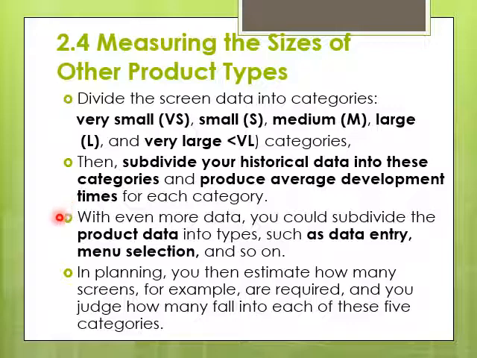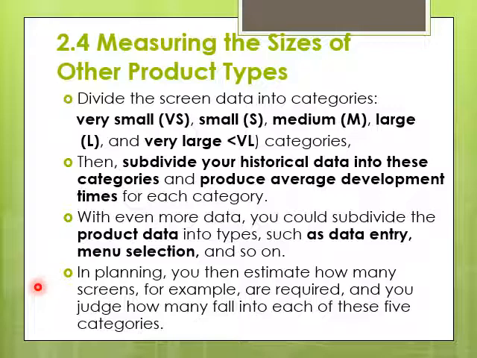With even more data, you could subdivide the product data into types such as data entry, menu selection, and so on. In planning, you then estimate how many screens, for example, are required, and you judge how many fall into each of these 5 categories.